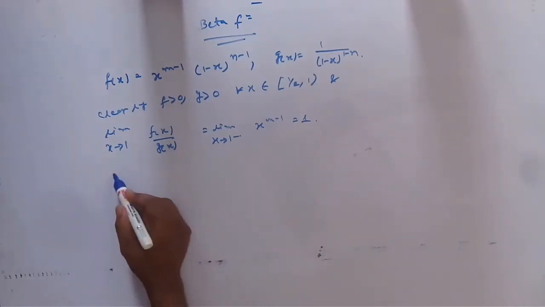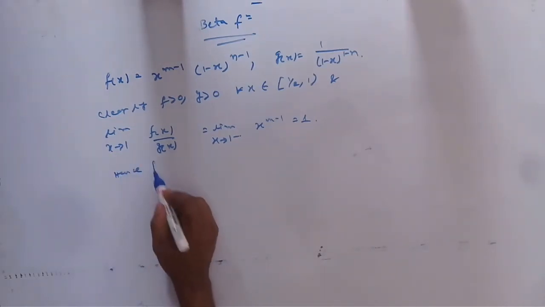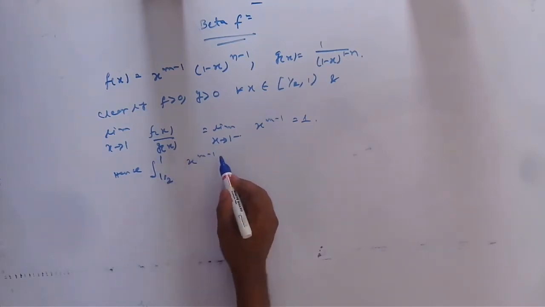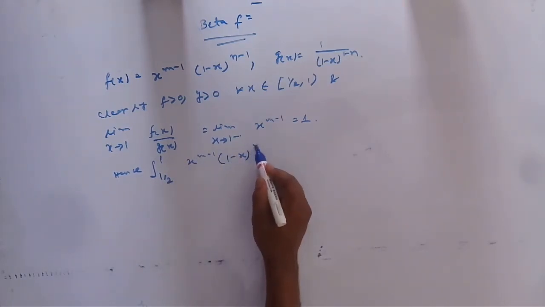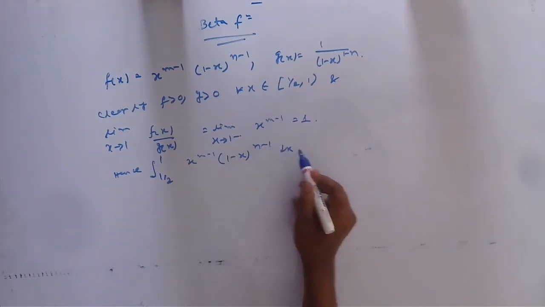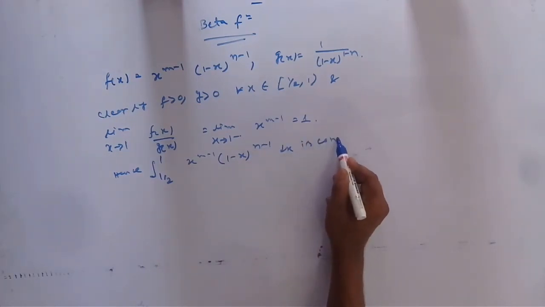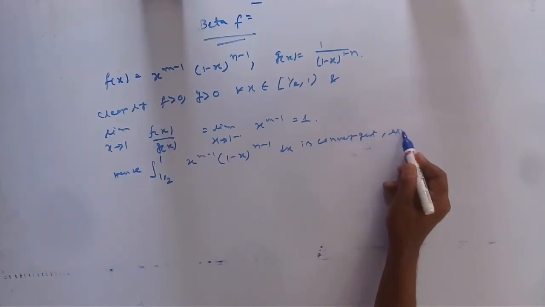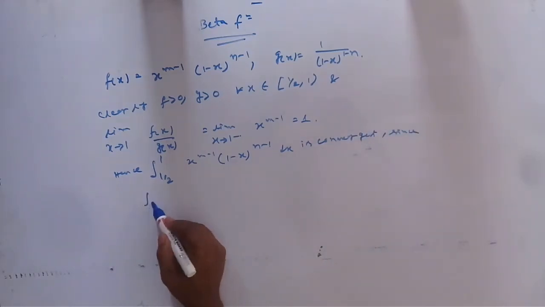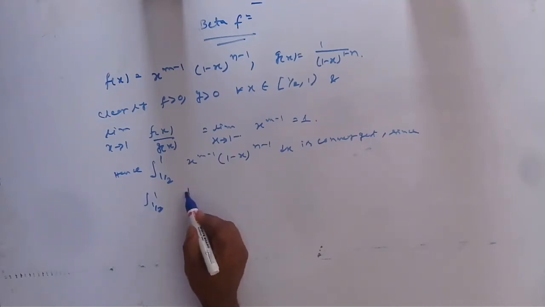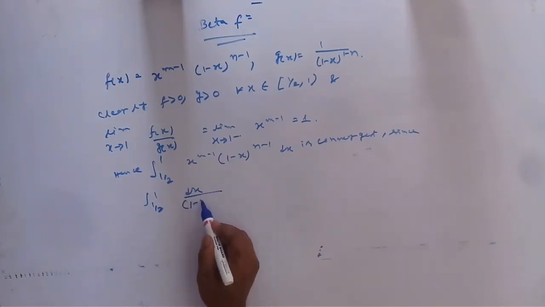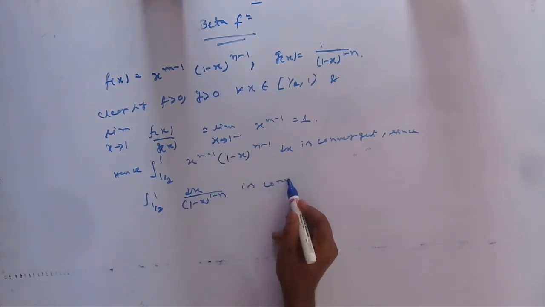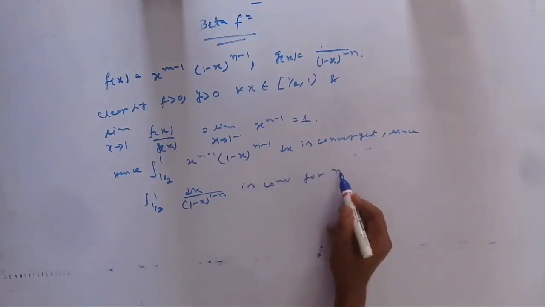Hence integration half to 1 x to the power m minus 1 (1 minus x) whole to the power n minus 1 dx is convergent, since integration half to 1 dx by (1 minus x) whole to the power 1 minus n is convergent for n greater than 0.